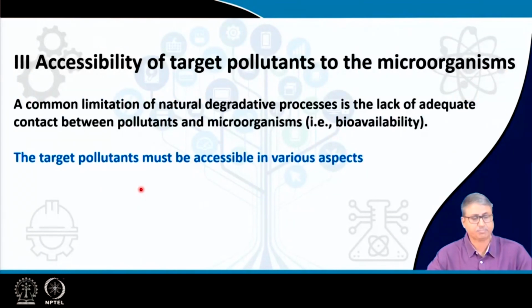The next requirement would be the accessibility of the target pollutant to the microorganisms. The pollutant molecule is there in the environment, and the candidate organism who can degrade the pollutant is also there, and we expect that the organism is capable of expressing all its genes, everything is fine, it is all set to degrade the compound, but the degradation may not proceed with the expected rate or expected extent, because there could be some other limitations.